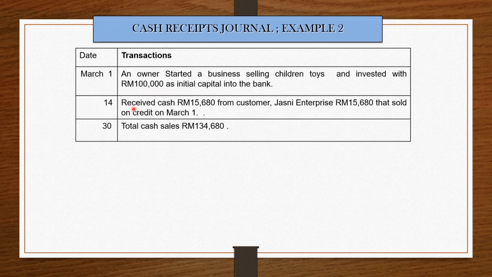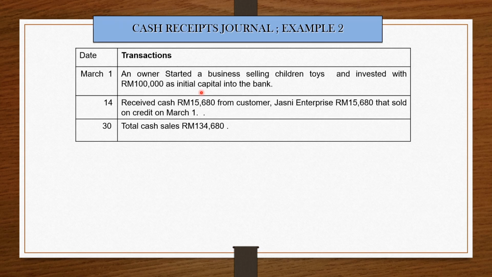The second one, the date of 14th of March, received cash Rm 15,680 from customer Jasni Enterprise. And 30th of March, total cash sales Rm 134,680, and these transactions represent the double entry system.